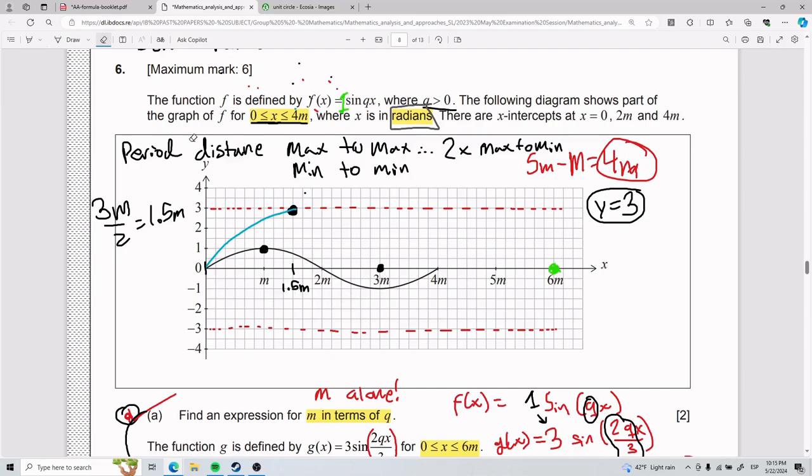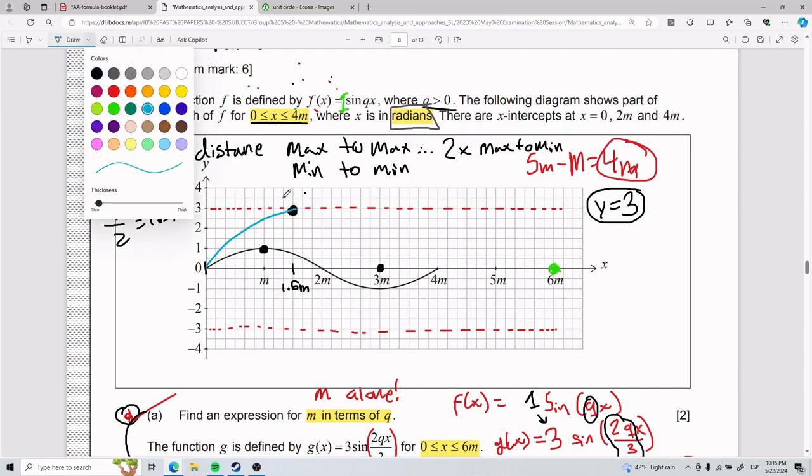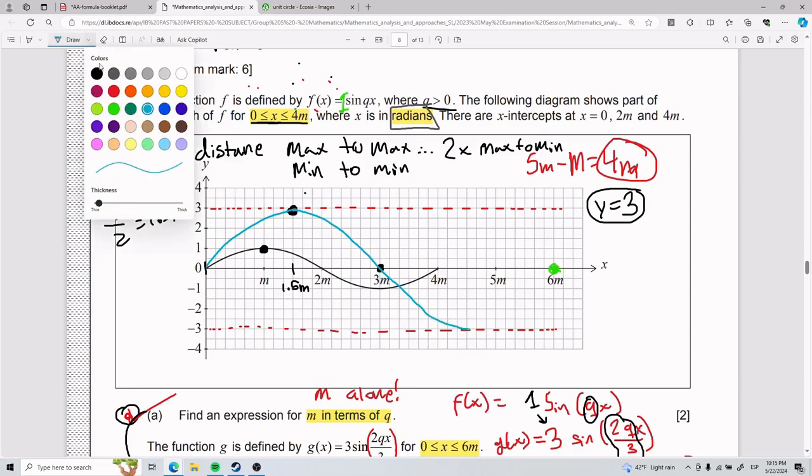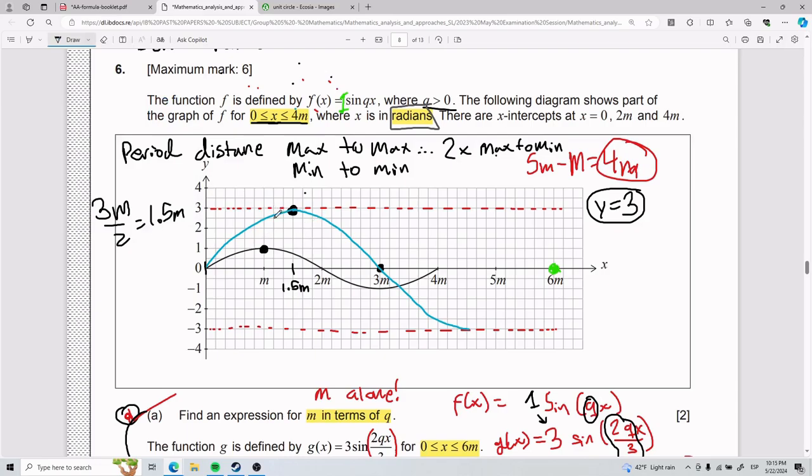So for g of x, you have your maximum here. Then you cross the x-intercept over there. And then you add another 1.5, so you end up at 4.5. At 4.5m is when you're touching your minimum, because as we said, the max and minimum have to be at 3.